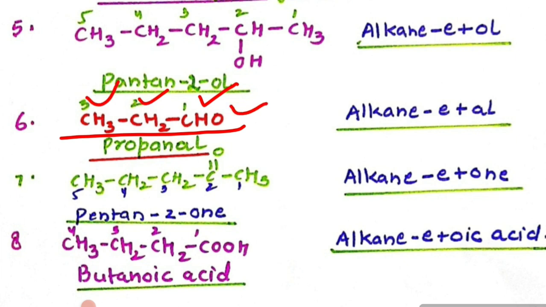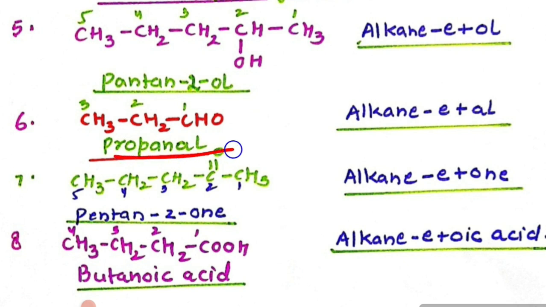The principal chain contains 3 carbon atoms, and the corresponding alkane is propane. Then you have to remove E from the spelling of propane and add the suffix AL. Here the suffix used for aldehyde is AL. So the name of the compound will be propanal.